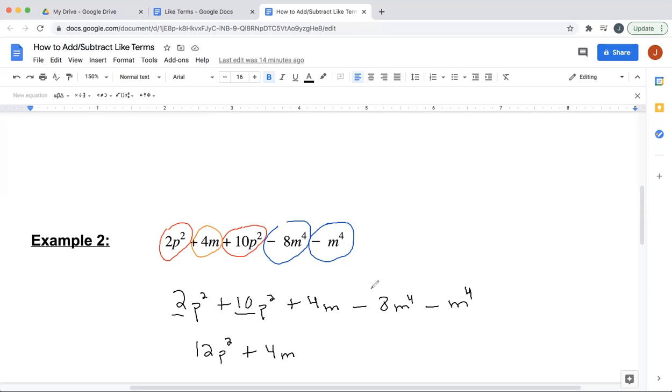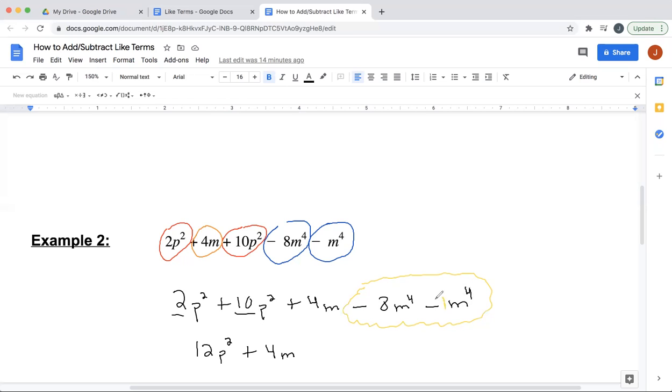And then lastly, I want to show you that this is a really interesting expression because we have two negatives, right? So we have a negative 8m to the power of 4 minus m to the power of 4. And I know it's really tempting to subtract the 8 and the 1, which is the coefficient for the m to the power of 4. But in reality, you have to remember that this 8m to the power of 4 is negative, just like the m to the power of 4.